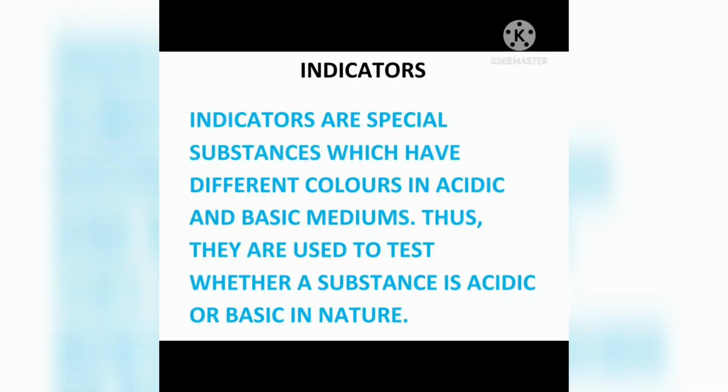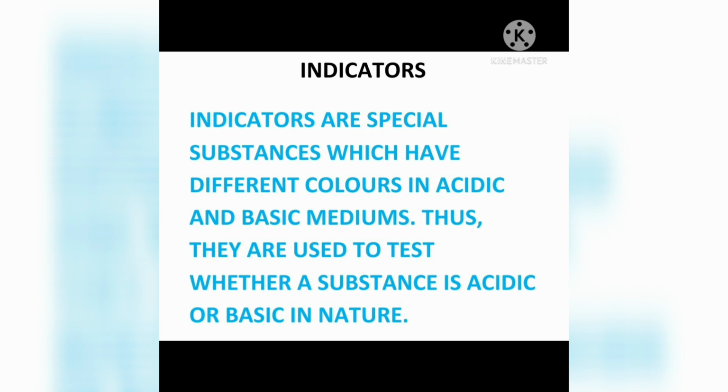To find the nature of the substance, we use indicators. Indicators are special substances which have different colors in acidic and basic mediums. Thus, they are used to test whether a substance is acidic or basic in nature.